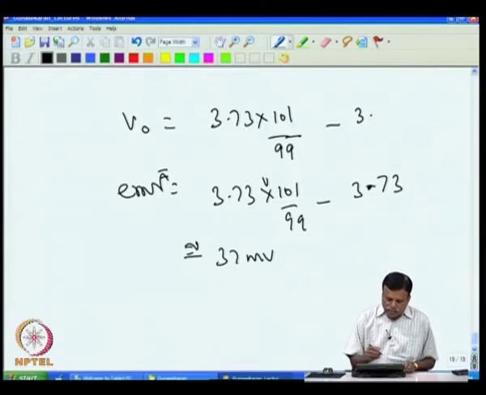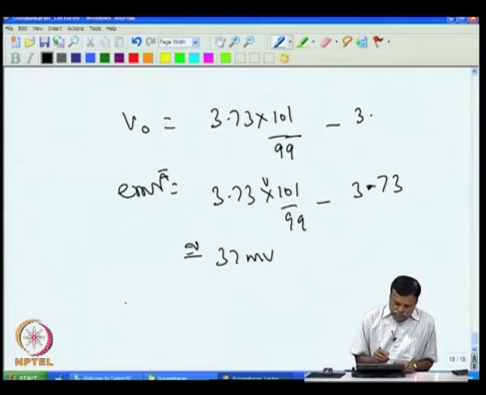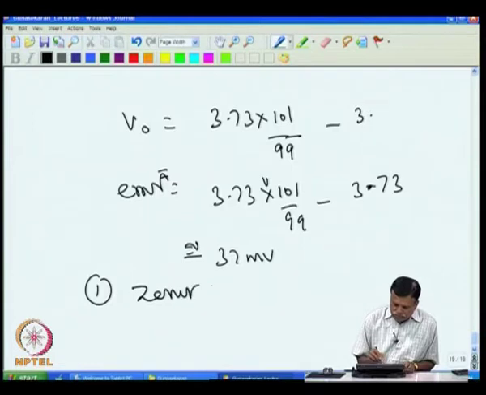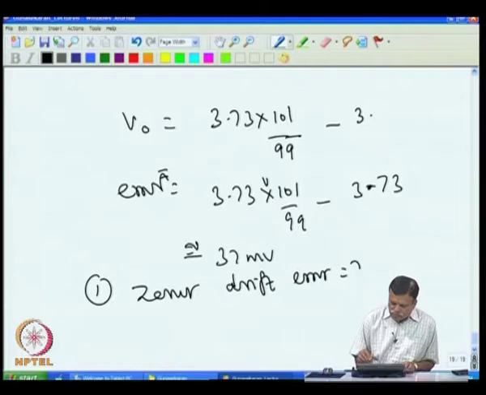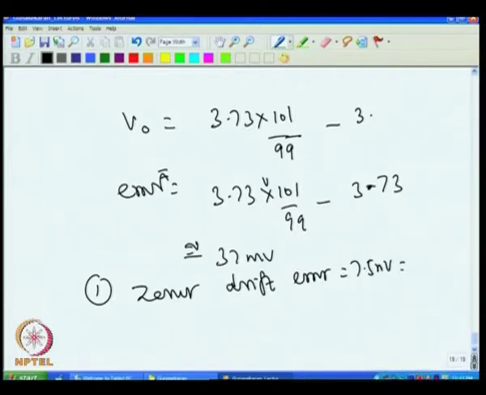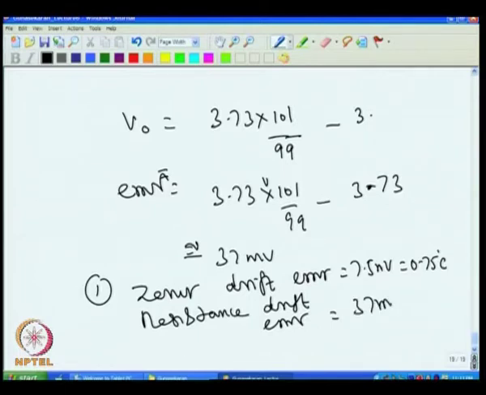So, if we look at our circuit now, we have calculated 3 errors so far. One is Zener drift error, which was 7.5 millivolt, corresponding to 0.75 degree at the output. Then we had resistance drift, which is 37 millivolt, that is 3.7 degree error.